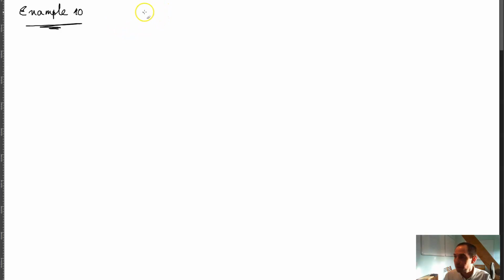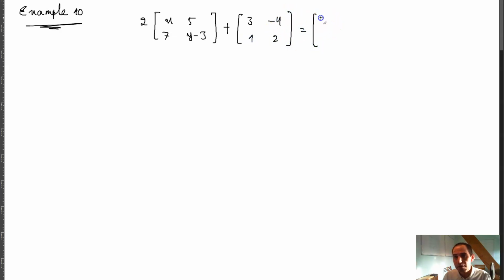So you have 2 times some matrix, which is x, 5, 7, y minus 3, plus another matrix, which is 3, -4, 1, and 2, and that is equal to 7, 6, 15, 14. So you want to find the values of x and y.